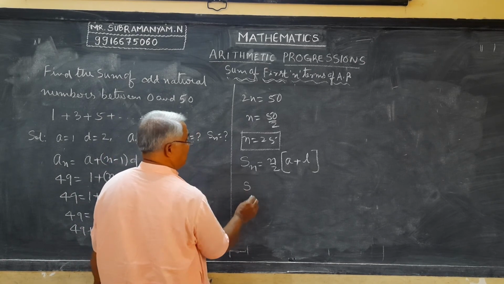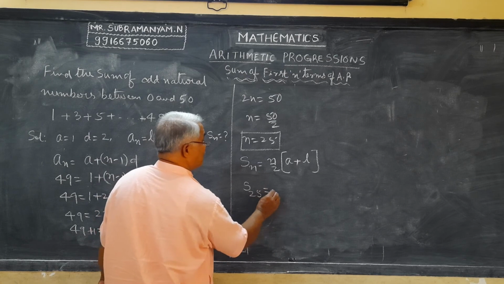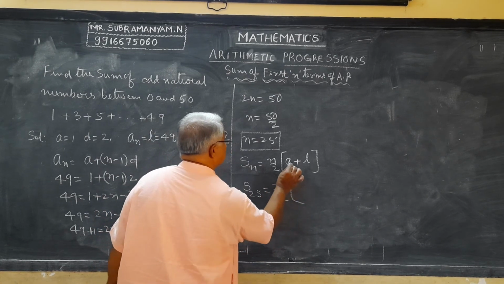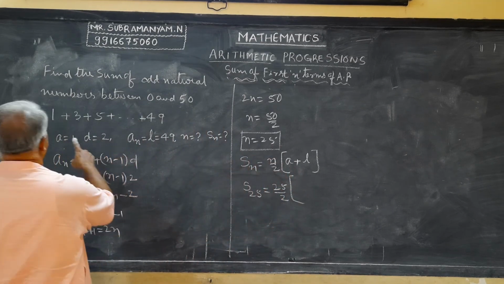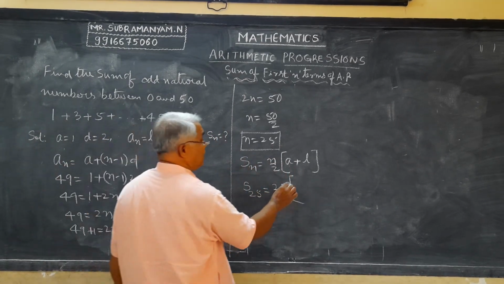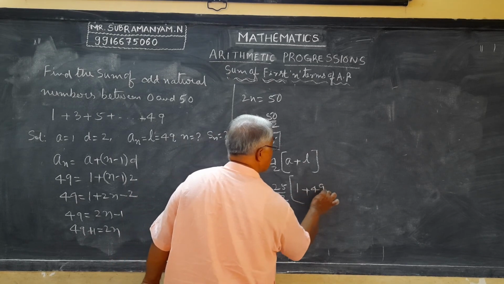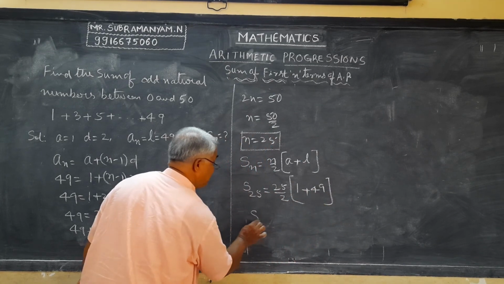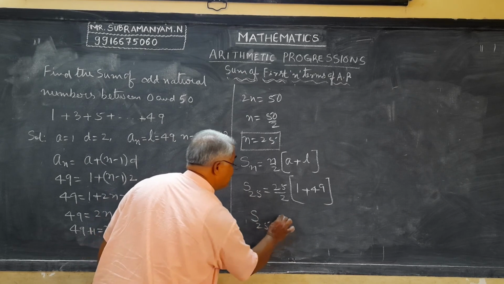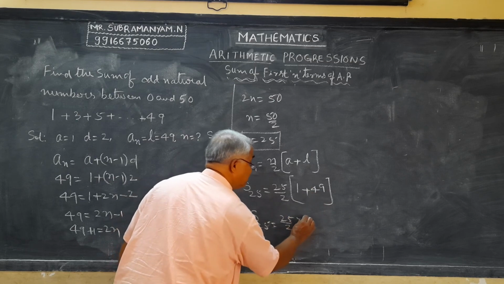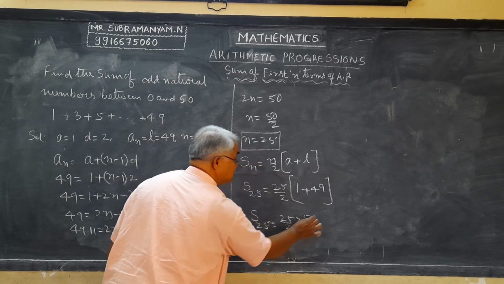Yes. n value is 25, so S25 equal to 25 by 2 into a value 1 plus L 49. S25 equal to 25 by 2 into, when you add these two, you will get 50. 2 25s are 25.